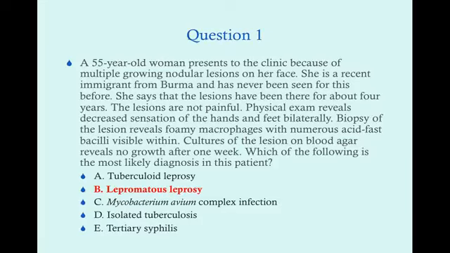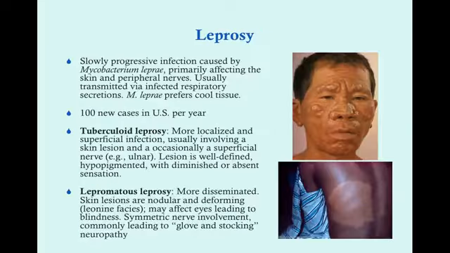And when you get a biopsy of a gumma, what you're going to see is a granuloma with coagulative necrosis in the middle. You're certainly not going to see acid-fast bacilli, because what is syphilis caused by? Syphilis is caused by a gram-negative spirochete. It's not an acid-fast bacillus. So that rules that out.